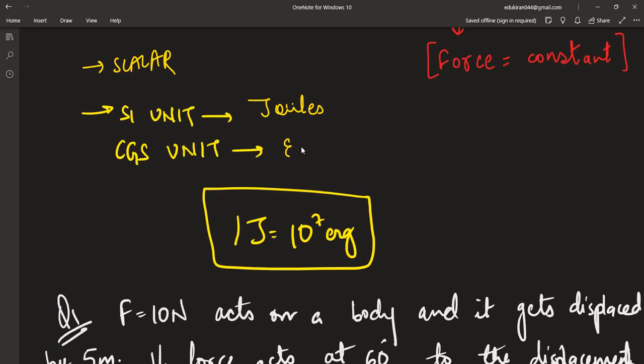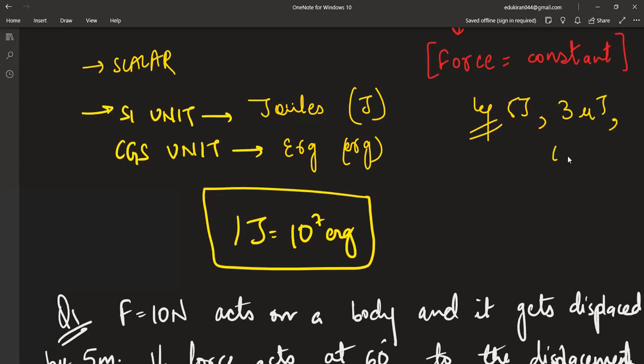And the CGS unit is erg. So we write this as erg, we write this as joule. You must have heard somewhere 5 joules of work is being done, 3 millijoules, 6 millijoules, 3 microjoules, like this. So this is what is meant by it.